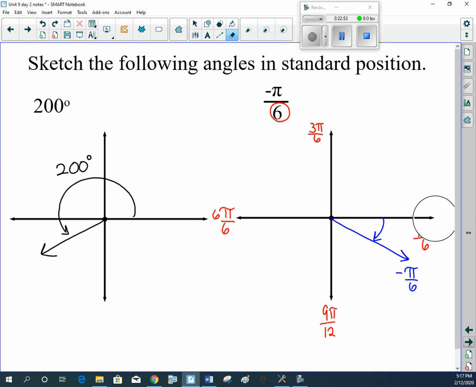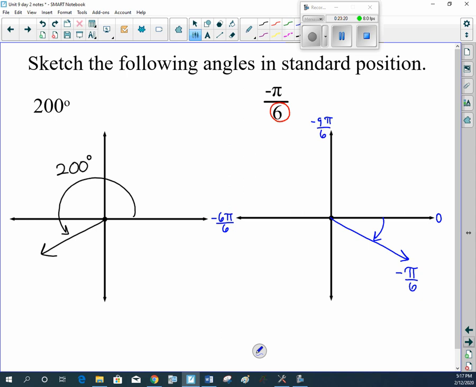So you kind of want to think of your quadrantal angles here in fractional parts. If we want to go in the negative direction, I first put them up in the positive direction, so now I'm going to go the negative direction. This would be 0, and then I would come over here and say this would be a negative 6 pi over 6. This would be a negative 9 pi over 6.